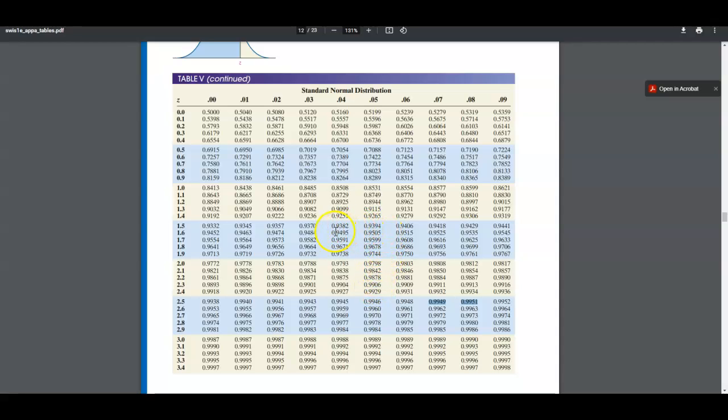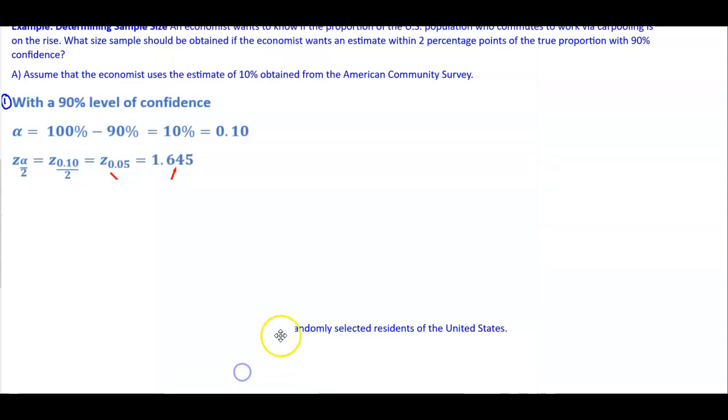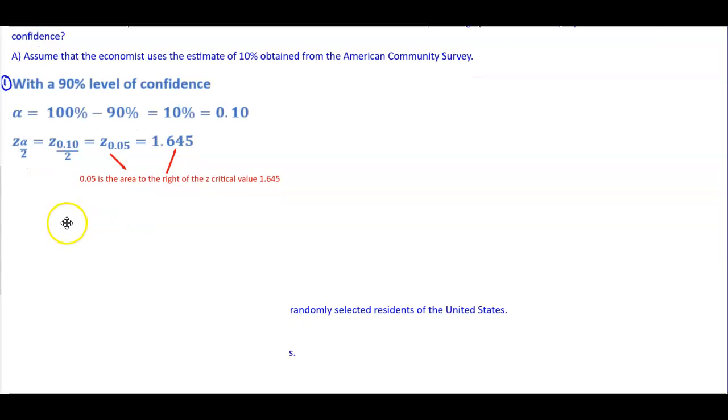These two numbers are both in between 0.9500, so we have a critical value of 1.64 and a critical value of 1.65. If we add 1.64 and 1.65 and divide by 2, that gives us a critical z value of 1.645. That's why we're getting 1.645 as our critical z value.